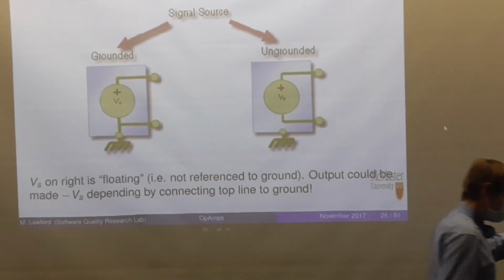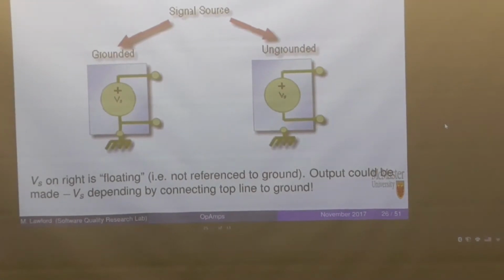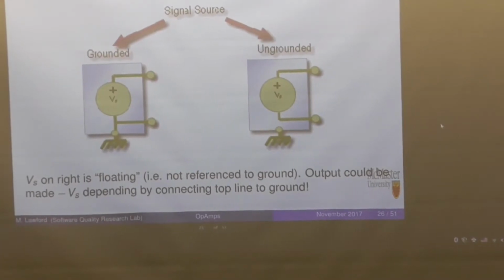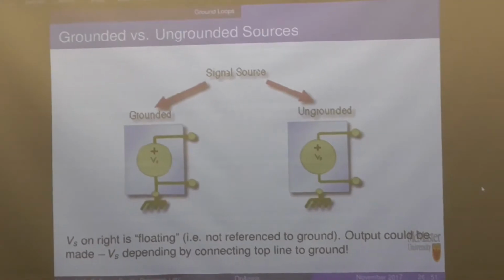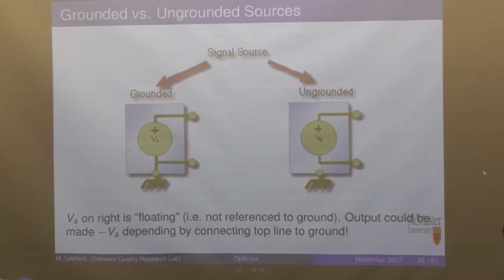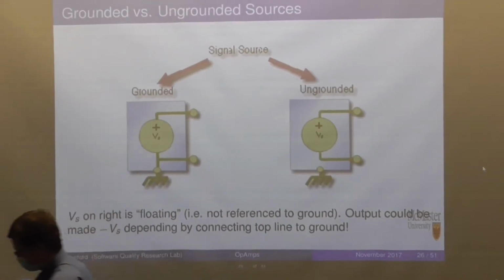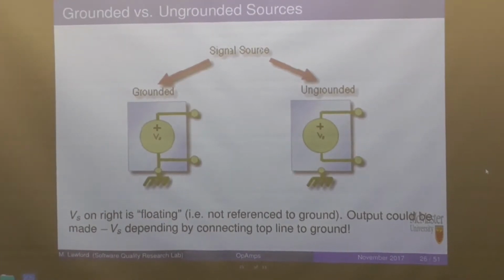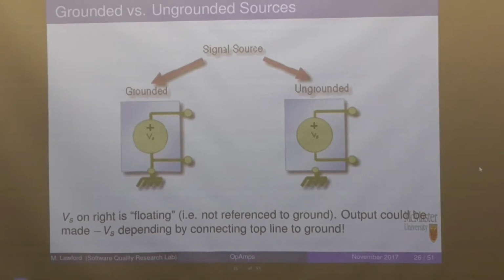But technically speaking, when you've connected one of the leads to ground, you're also measuring the difference between two voltage signals, because ground, of course, is just a reference point.